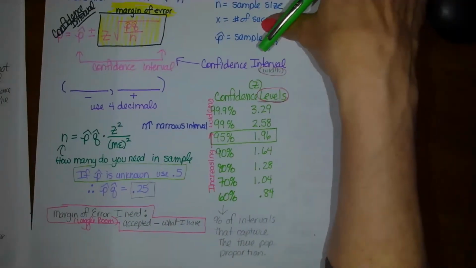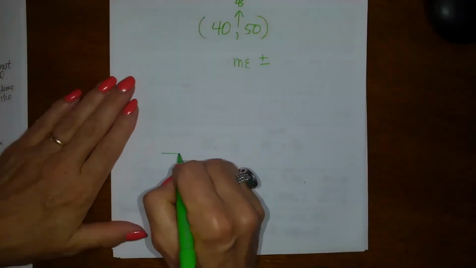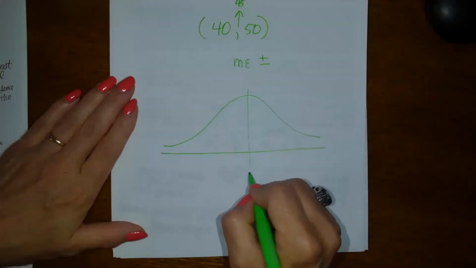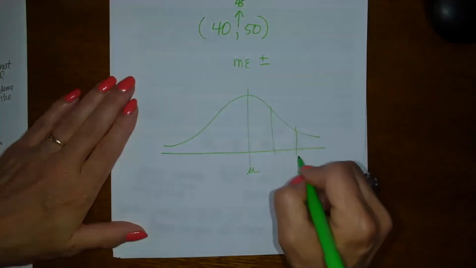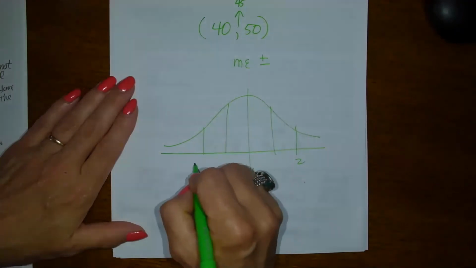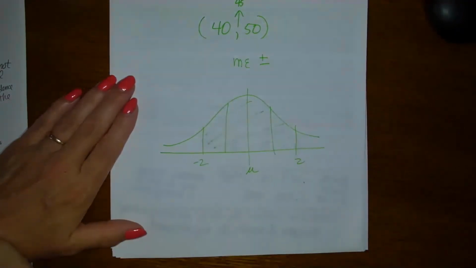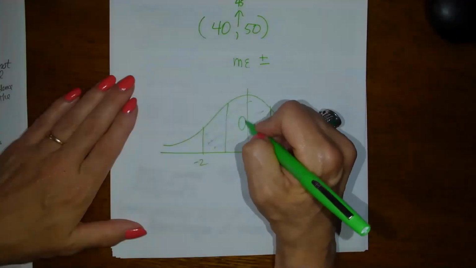If I show you guys the empirical rule, if I have my mu and I go 1, 2 standard deviations above or below the mean, what percent is 2 standard deviations? 95%.